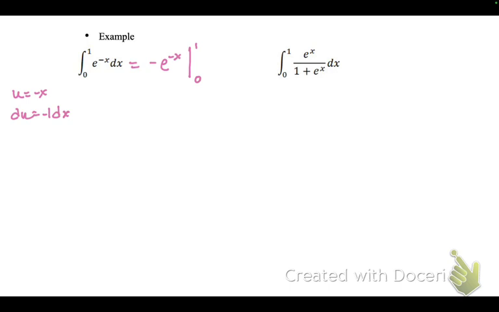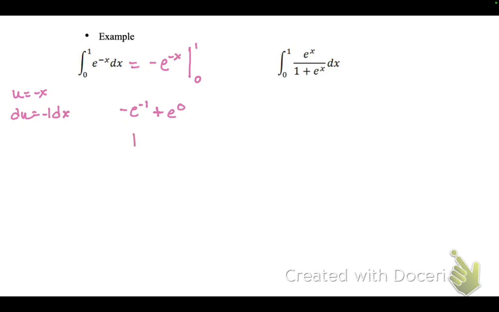No. So when I'm doing definite, remember I'm finding the area under that curve. That's what that means. So I have negative e to the negative 1 minus, plus, right? Yeah. E to the 0. E to the 0 is 1.